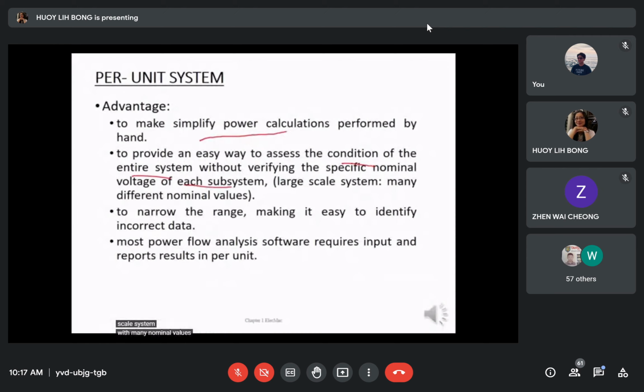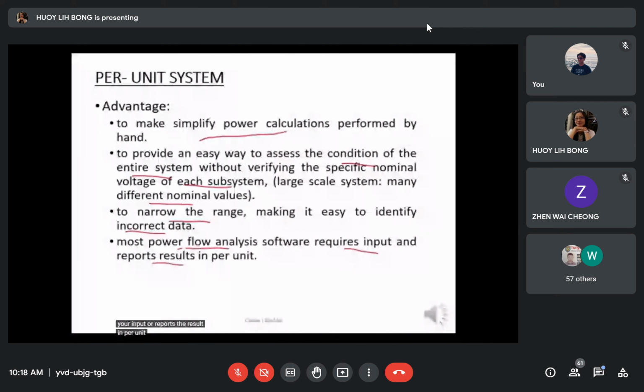It also narrows the range, which makes it easier to identify incorrect data. Most of the power flow analysis software requires your input or reports the result in per unit.